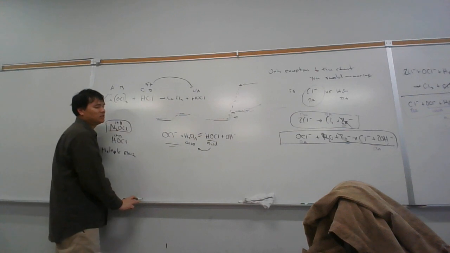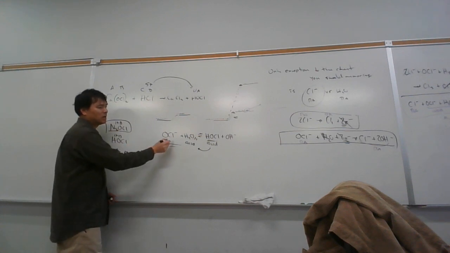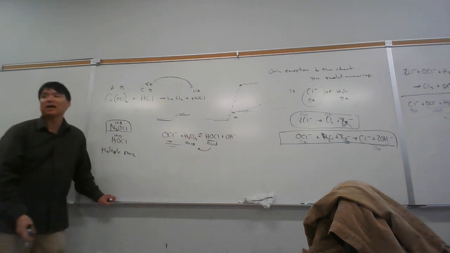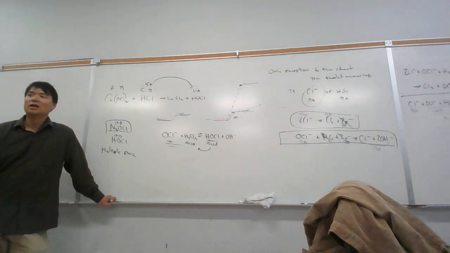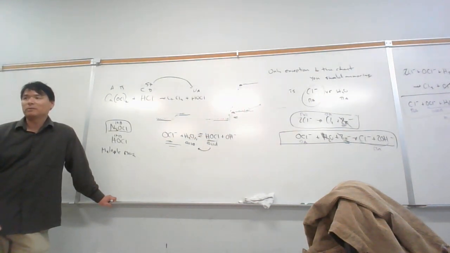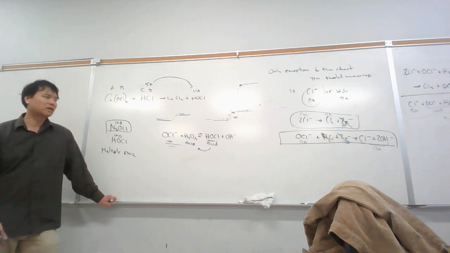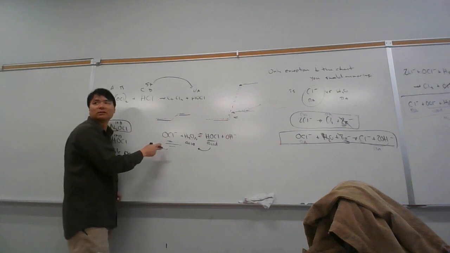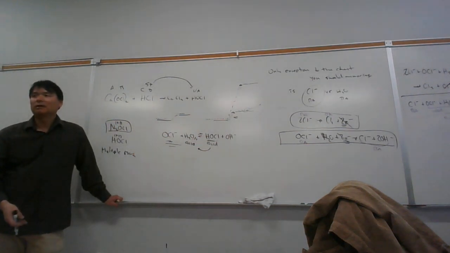When we look at the speciation, it's going to be a mixture. So when you have a jug of bleach, it's not just hypochlorite. It's going to be a mixture of hypochlorite and hypochlorous acid and hydroxide. In Chem 1B, we deal with those mixtures. In Chem 1A, we don't deal with those mixtures. In Chem 1B, we would actually figure out the ratio between these in there.